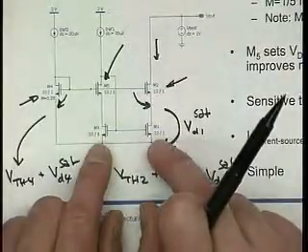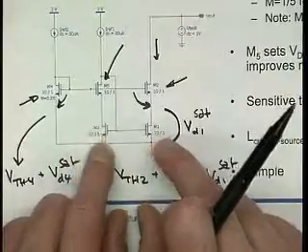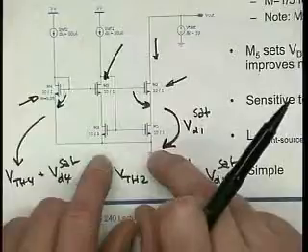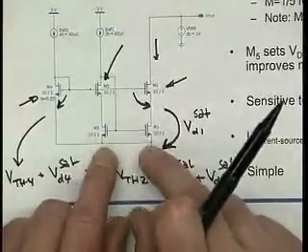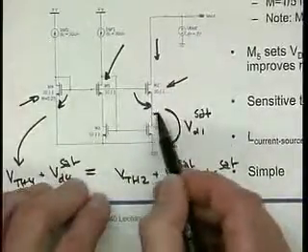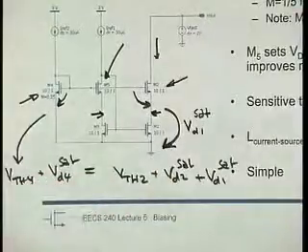But there is one more thing that we have to keep the same in order for the current here and the current there to be the same. And what's that? VDS, right? VGS is already the same for both devices, but the VDS also needs to be the same. So in other words, the voltage here and the voltage there must be just equal.